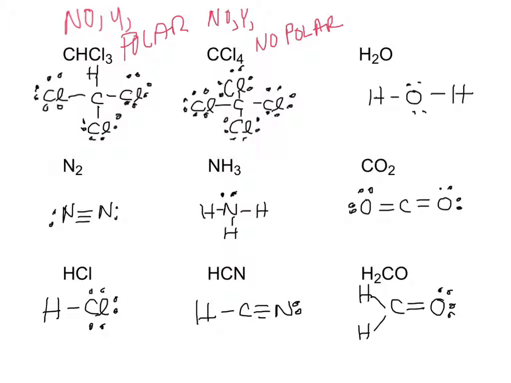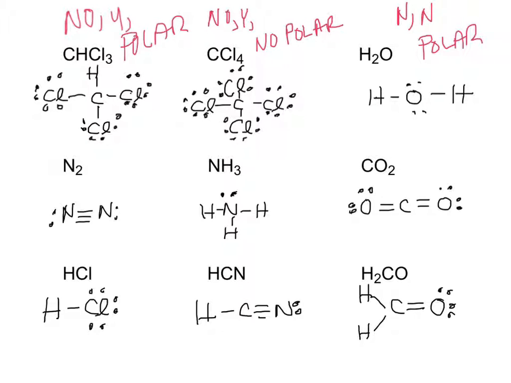The next one is H2O, so we already know that's going to be no for the first question. Is the compound symmetric? The answer is no, because if you do the correct VSEPR and Lewis structure for this, you're going to see it's bent. Therefore, it's going to be polar. You don't have to go any further than that. The next one is nitrogen.